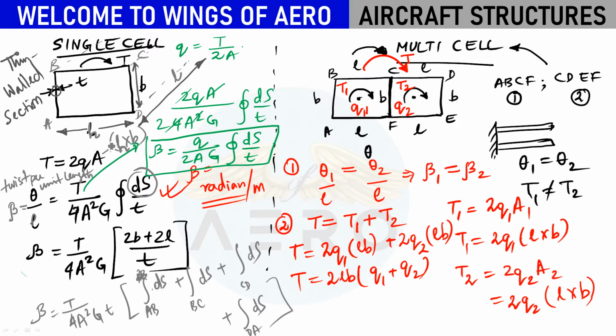BC we have changed to H. Again CD is B, and DA is H. Combining together we can write (2B plus 2H) by t. So this becomes the twist per unit length for this single cell.